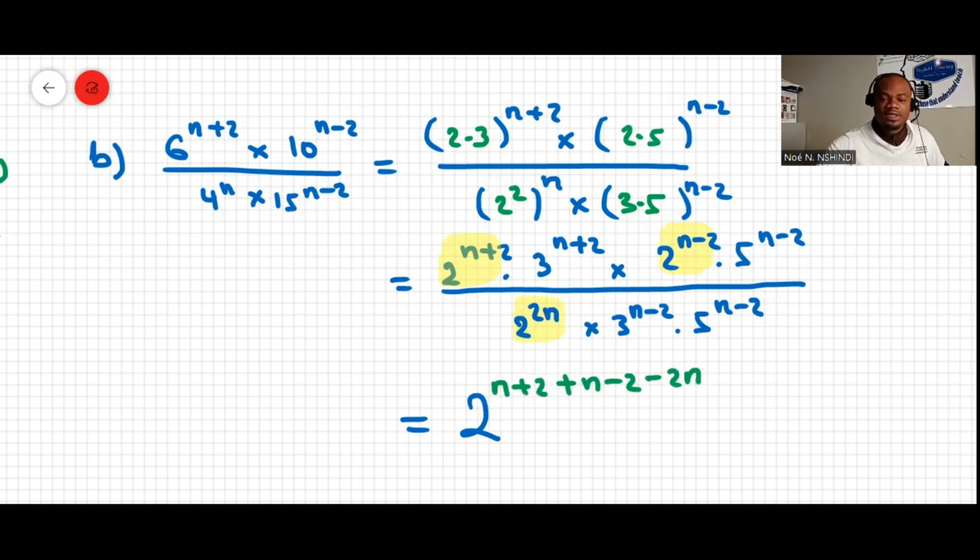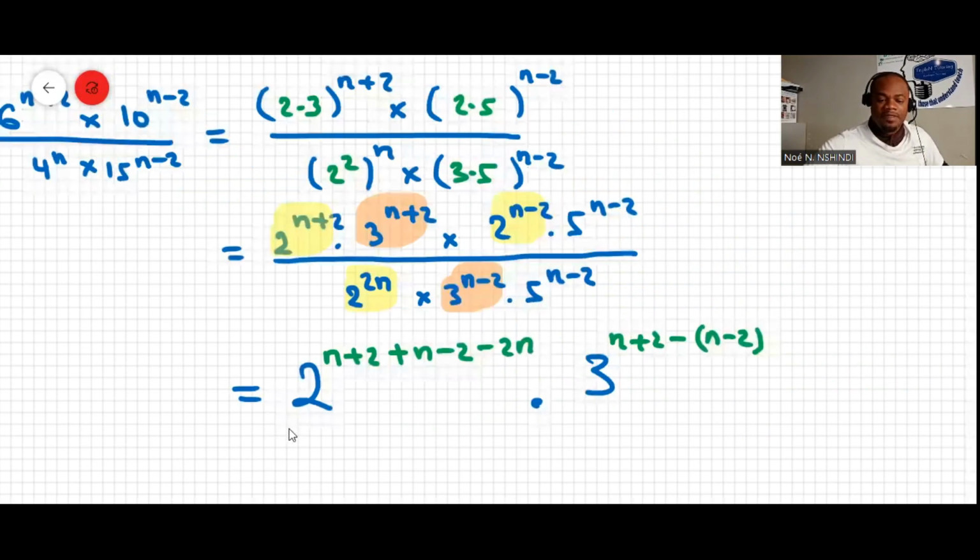Then the next base is 3. So we have 3 to the n plus 2 there, and then 3 to the n minus 2. So I'll just multiply here by 3 there, and then the power will be n plus 2. Okay, that's the numerator. No more. Now I will subtract those at the denominator. Open bracket, n minus 2. Please use brackets to avoid unnecessary mistakes here.